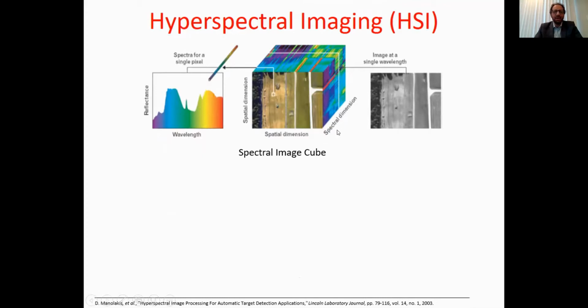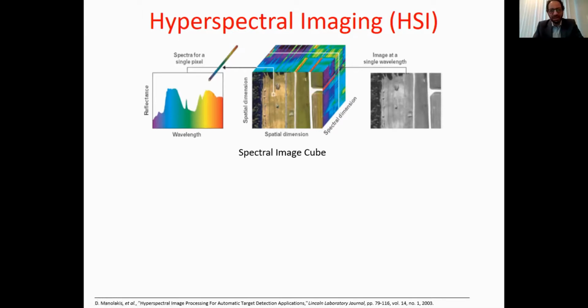Now what hyperspectral imaging does is it uses a bunch of filters or some spectrograph where we stack 2D images like these in this depth direction. Here you have a spatial dimension, let's say Y, X, and then in this depth or Z direction, we have the same image repeated, but acquired with a different color or a different wavelength.